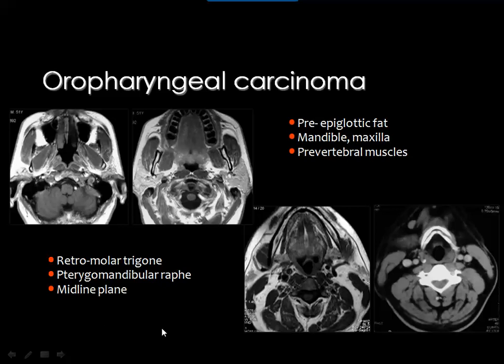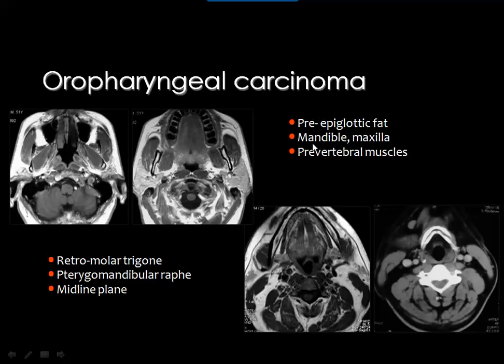in this area and you suspect that this lesion is malignant, then you have to evaluate the extensions of this lesion into these areas. Number one is to assess the pre-epiglottic fat, and this is the epiglottis, and here the pre-epiglottic fat.